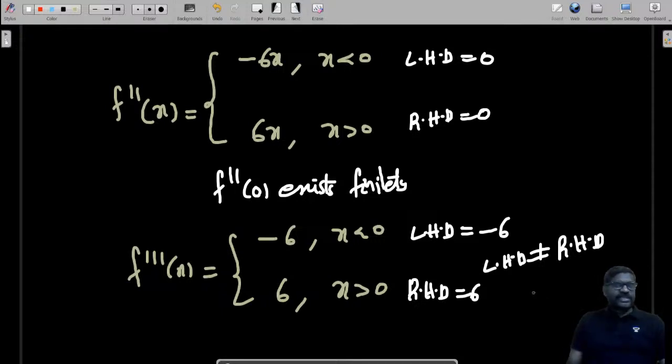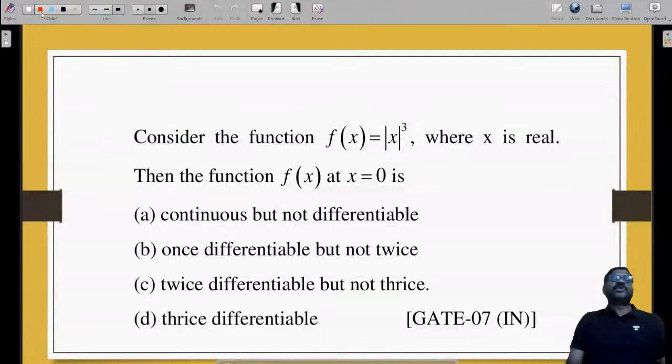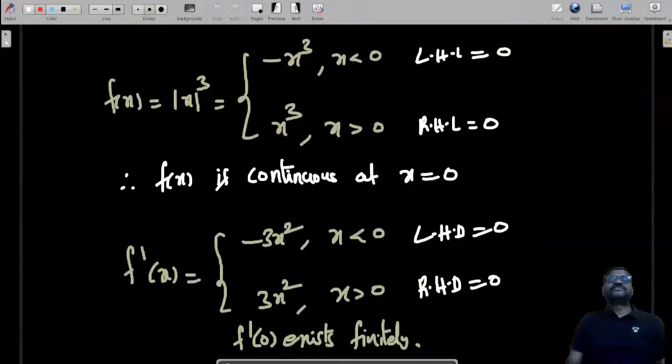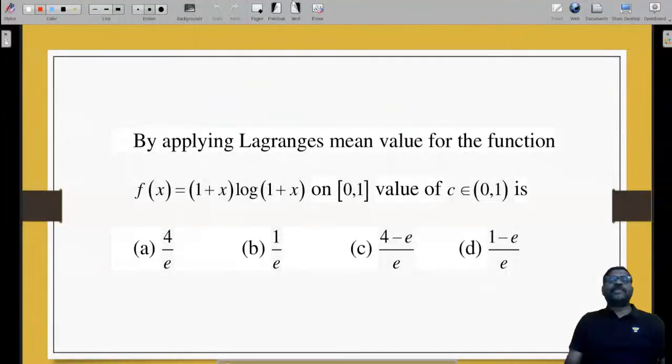Therefore, f triple dash 0 does not exist. Twice differentiable but not thrice is the correct answer.